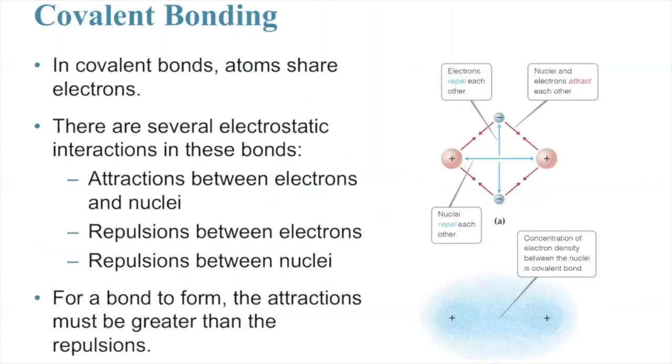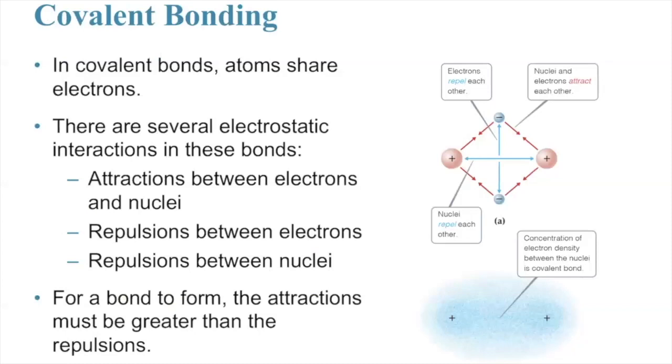Now, a lot of the chemicals that we actually have take place between two non-metals. That's the majority of chemicals that we have. They don't follow the ionic characteristics because we don't always have a metal and a non-metal.